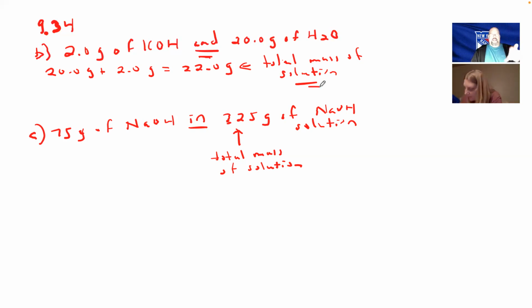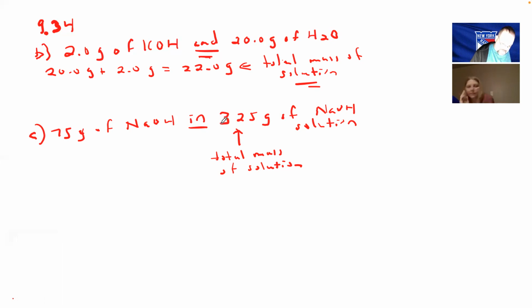Because in B, you're taking potassium hydroxide, 2 grams of it, and you're taking 20 grams of water and adding them together. But for A, the components, whatever they are, have already been added together. That wording, and it does catch students by surprise, is the key difference.